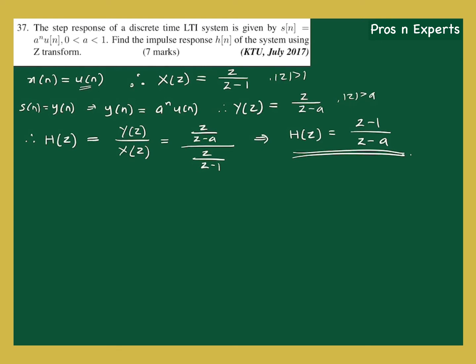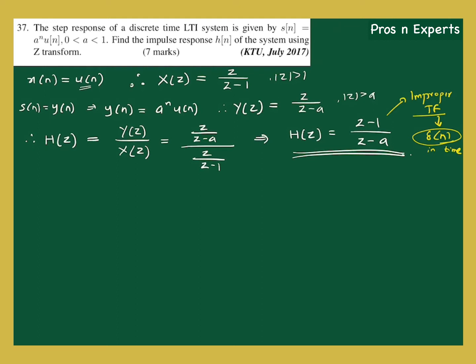The time domain of an improper transfer function always results in a delta of n. So in frequency domain, if you encounter an improper transfer function, then its time domain will definitely give you an impulse function. Let us see how it comes.